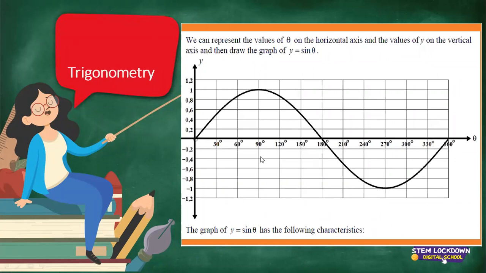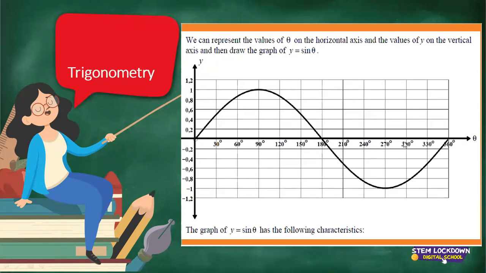So it takes 360 for a complete cycle. A complete cycle or complete wave of the graph is called the period. Our period is the angle it takes the graph to go a complete cycle.